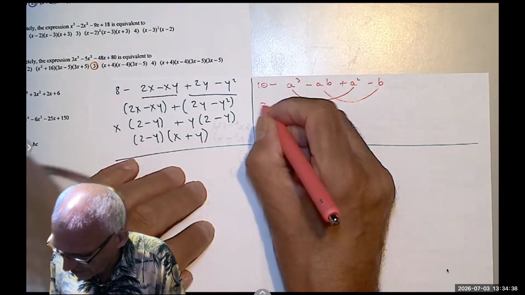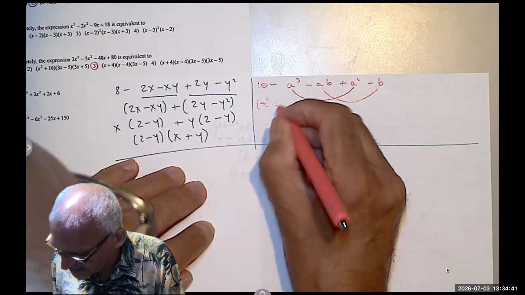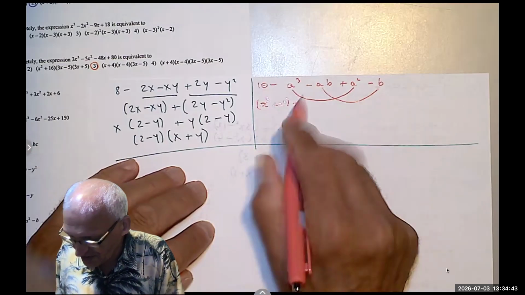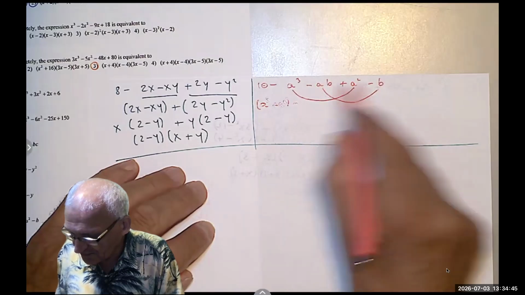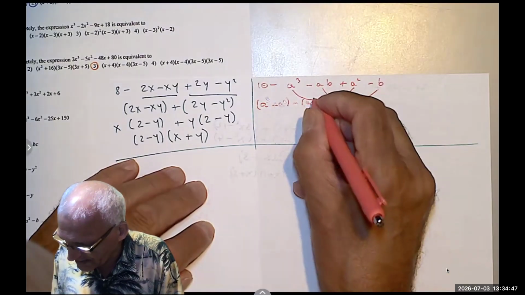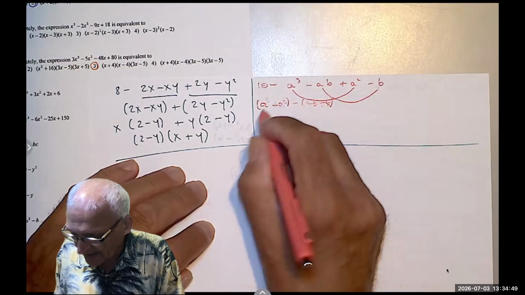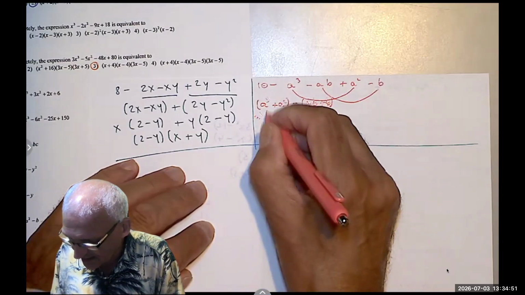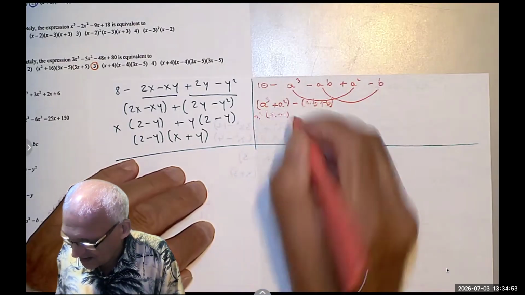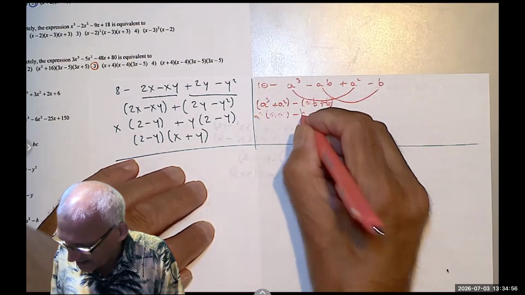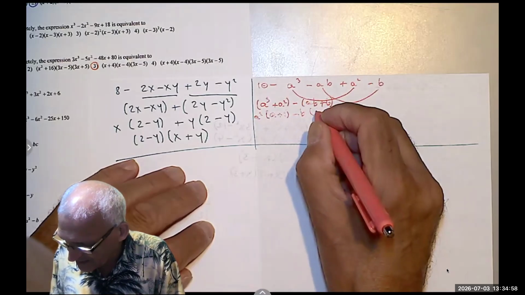So I get A cubed plus A squared minus, because I took a minus, I will change the sign of these two and both would be positive. I can factor A squared here and it leaves me with A plus 1. I can factor B here and it leaves me with A plus 1.